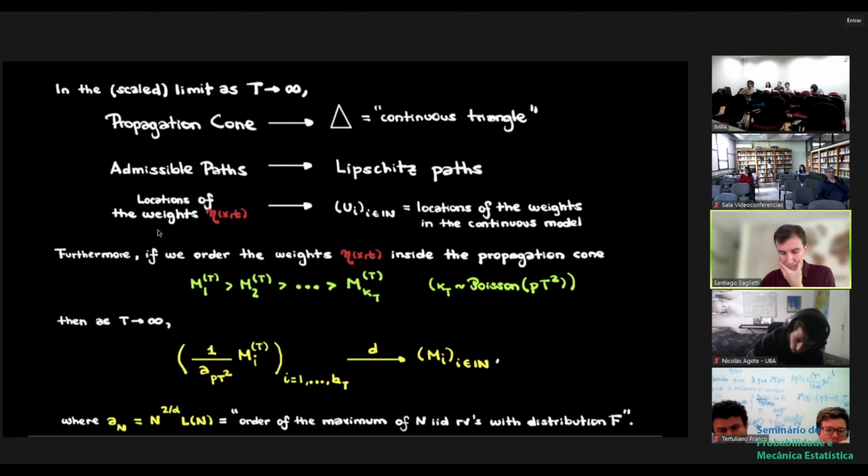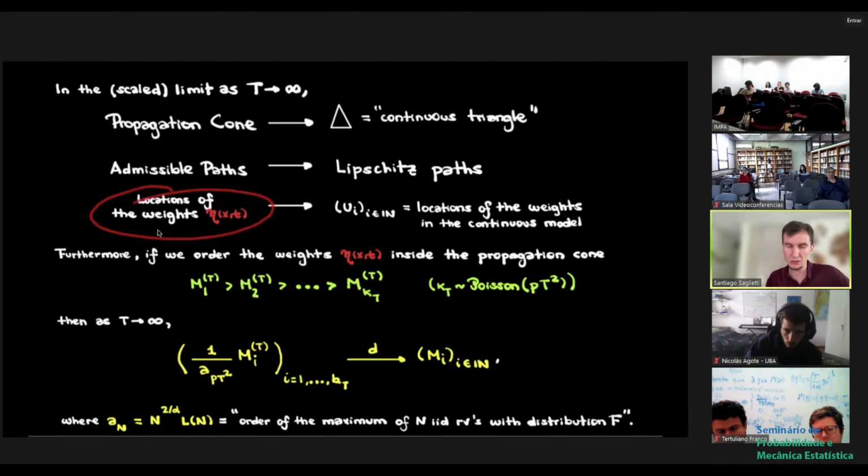And moreover, the locations of the weights in the discrete problem will converge to the uniform ones, because they are uniformly distributed on this propagation cone. If the cone looks more and more like a triangle, then in the end, these locations will be uniformly distributed in the limit on the triangle.